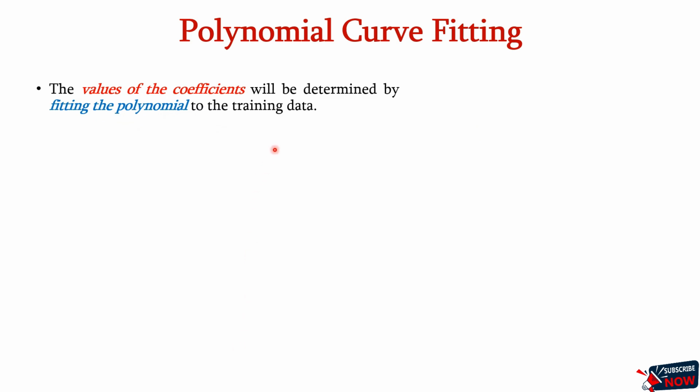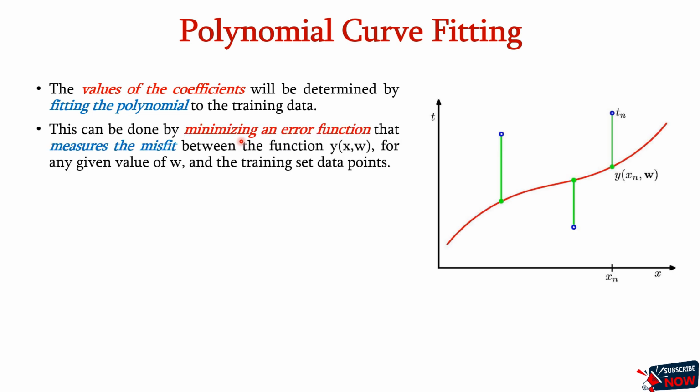The values of the coefficients will be determined by fitting the polynomial to the training data. This can be done by minimizing an error function that measures the misfit between y(x, w) and target t. So as shown in this diagram, y(xn, w) is the predicted value and tn is the target value.